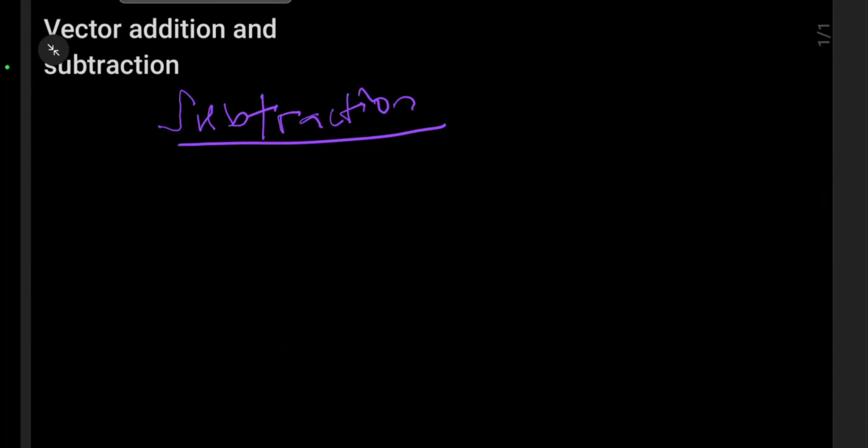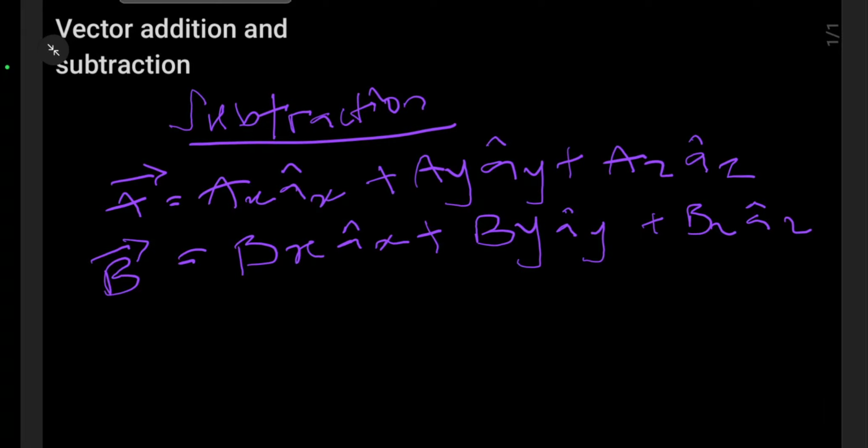Now the subtraction is the same thing as the addition. It's only the sign that is changing. To subtract these two vectors, we just have to do the same thing as we earlier did in summing up two vectors.